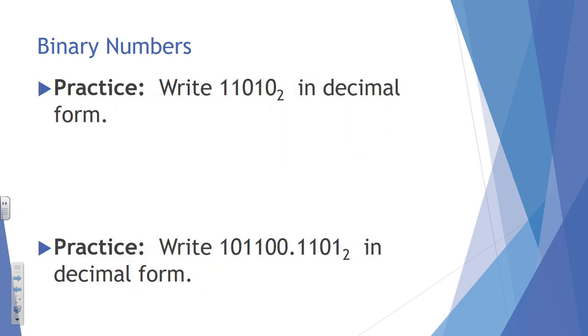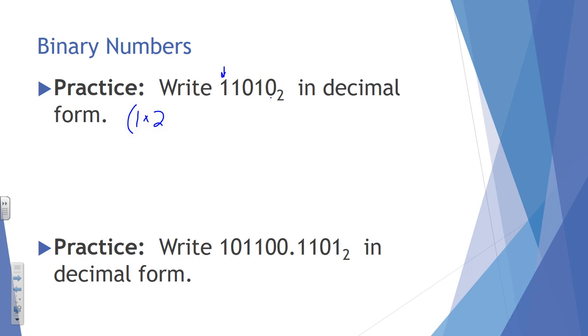Okay, so now that we know what the place values are, let's write a couple of numbers in decimal form, figure out what their decimal equivalents are. We'll be doing a lot more of this in the next section, but we'll get our toes wet here. 11010 base 2. If we expand that, we would say that that is 1 times 2 to the, what power is that?